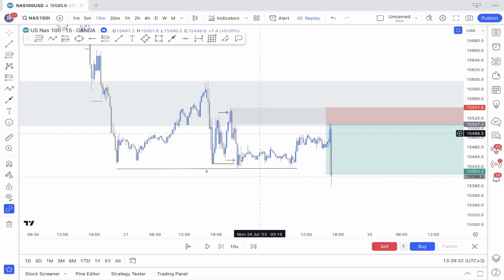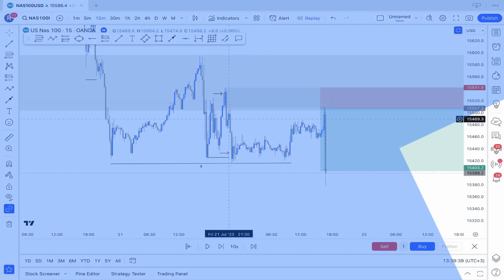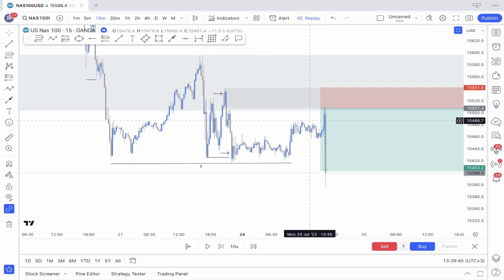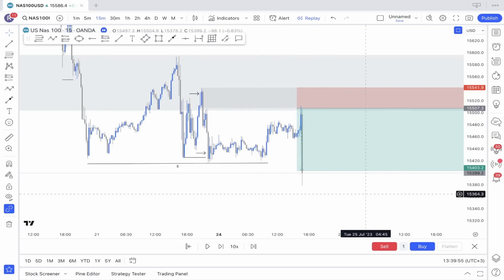After that, the last step was to look for a point of origin on the M15. And we found that point of origin right here, this supply level on the M15. We placed the sell limit on it, the targets accordingly, the stop loss accordingly, and that was pretty much it. After that, we just waited to see how the trade plays out. And in this case, it was a wonderful sniper entry that smashed all targets.